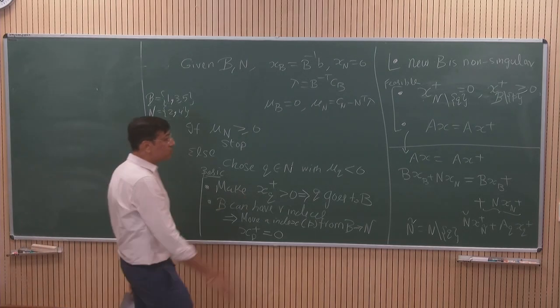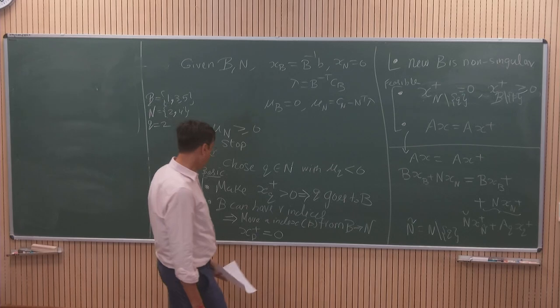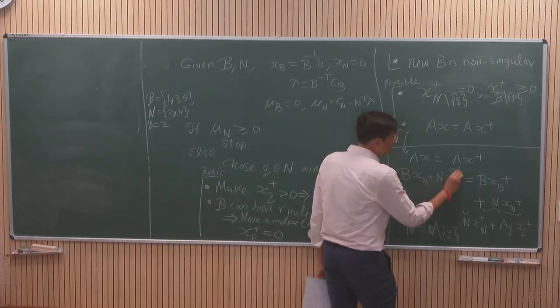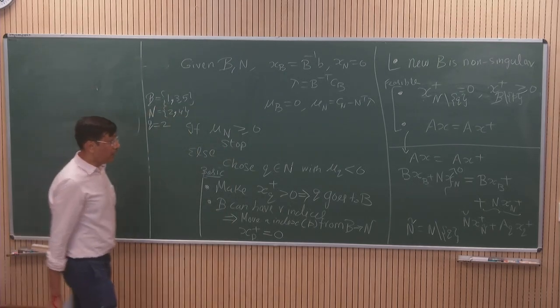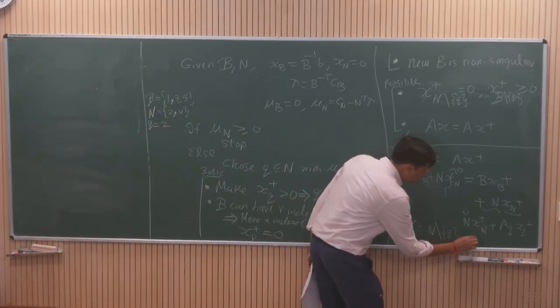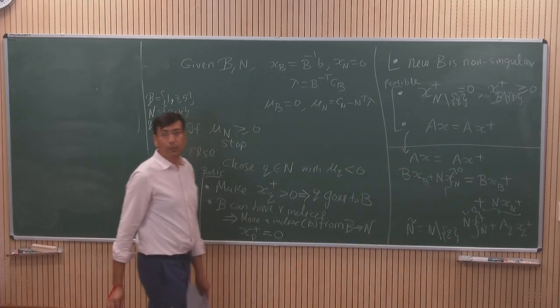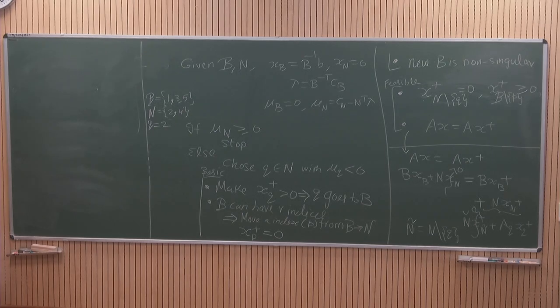What do we know in this should remain 0? This of course is 0 because you're starting with the basic feasible point and you want to ensure that this also stays 0. x2 plus we are making greater than 0, but x4 plus should remain equal to 0.